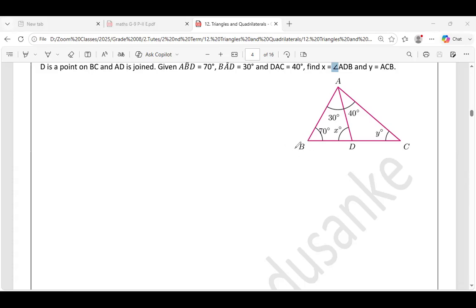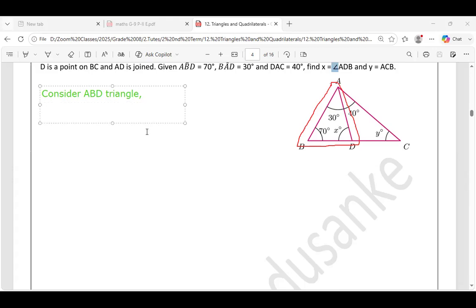First of all, I will consider this triangle ABD, so that I can find x. How are we going to write that in a clear way? If you are reading, please write: consider triangle ABD.